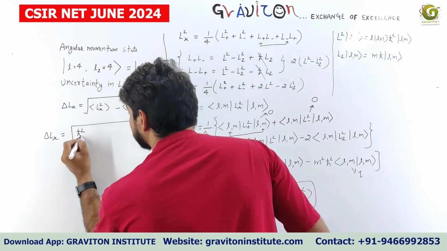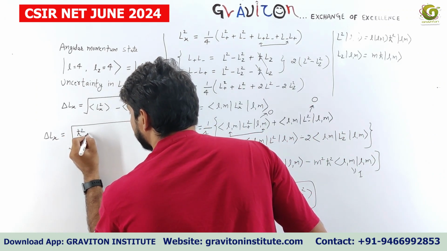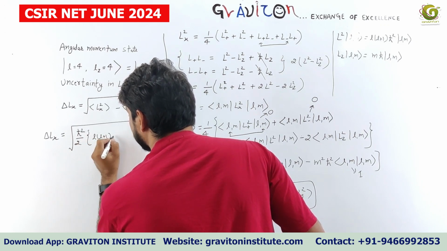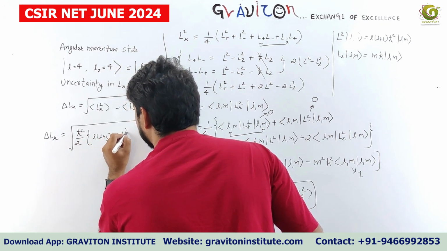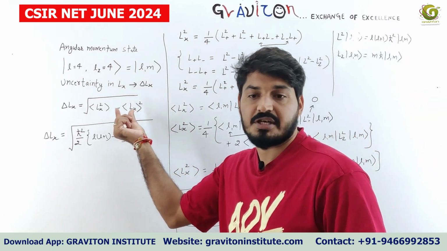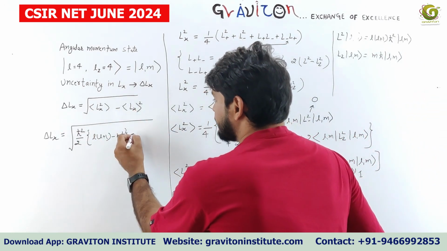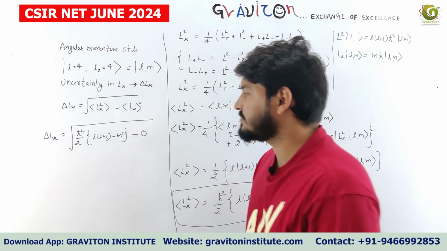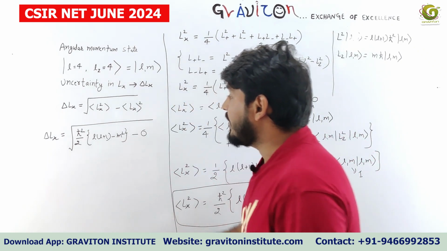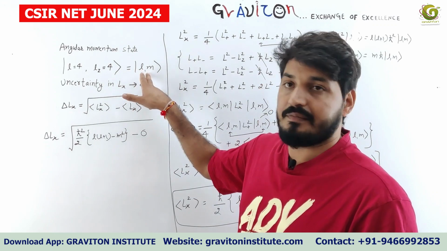So ħ²/2 times L(L+1) minus m², and ⟨Lx⟩, this term is 0, we already know. This is 0. Fine. Now this is on any state Lm.